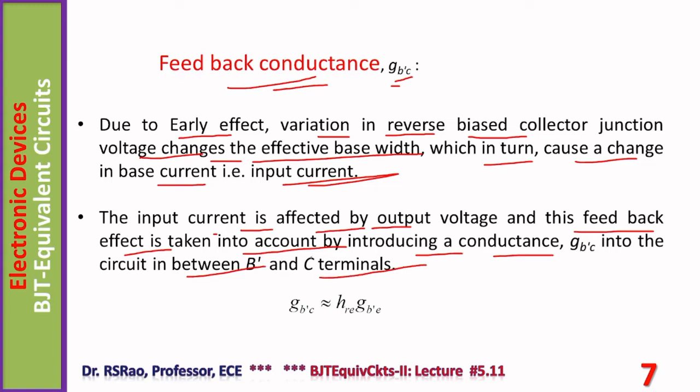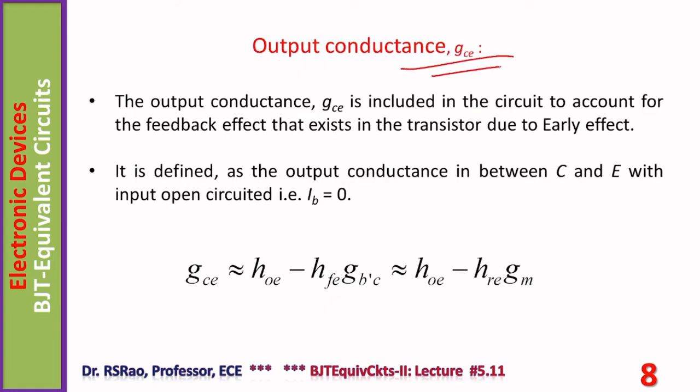C means collector, B' means internal base. It can be found equal to approximately hRE g_B'E. g_B'C is equal to hRE g_B'E. This is an approximation.